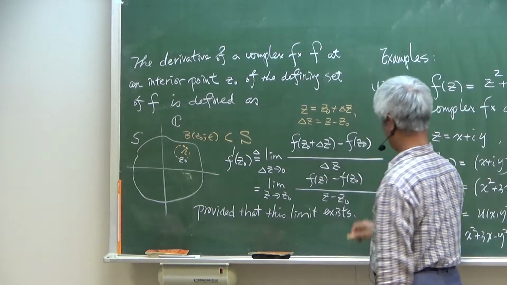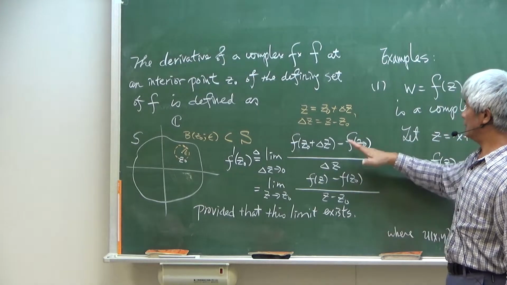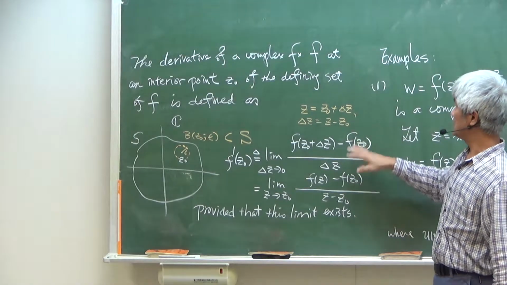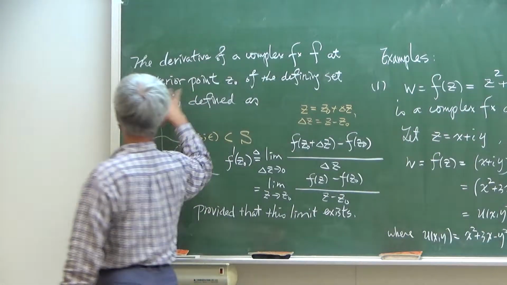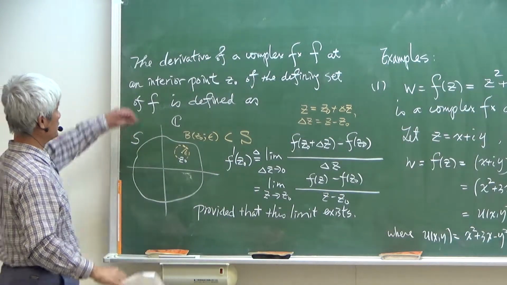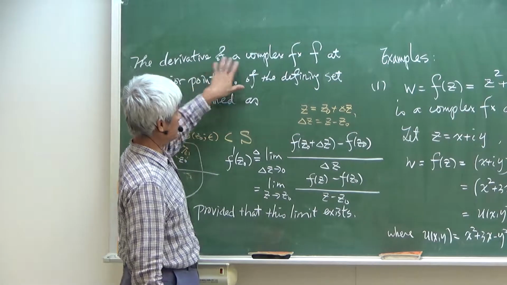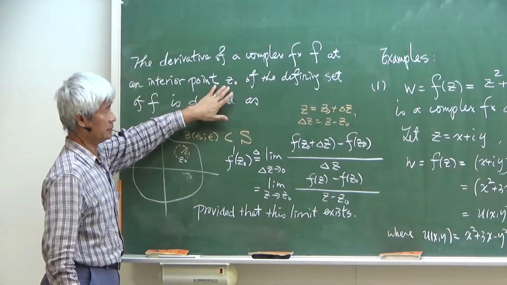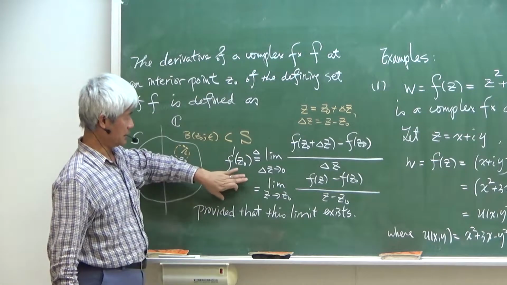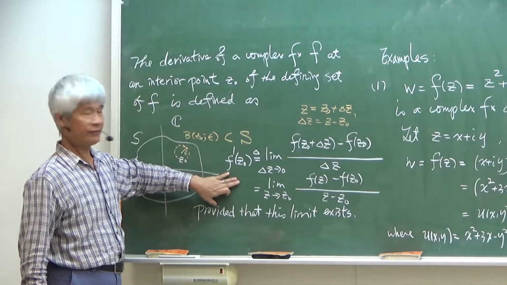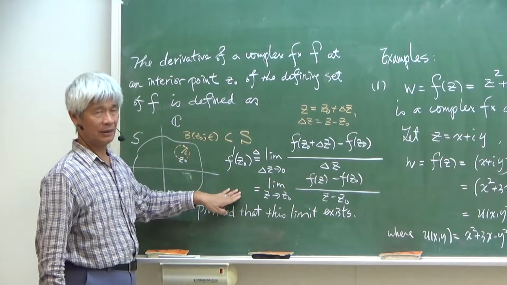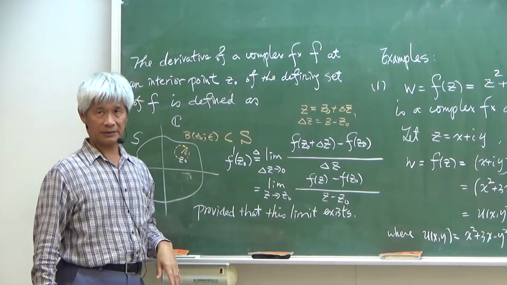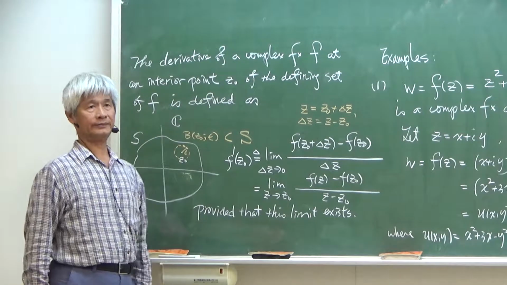Either you put it this way or that way. We say that f has a derivative at the interior point z0 if this limit exists. If this limit does not exist, then we say that such a derivative does not exist at z0.